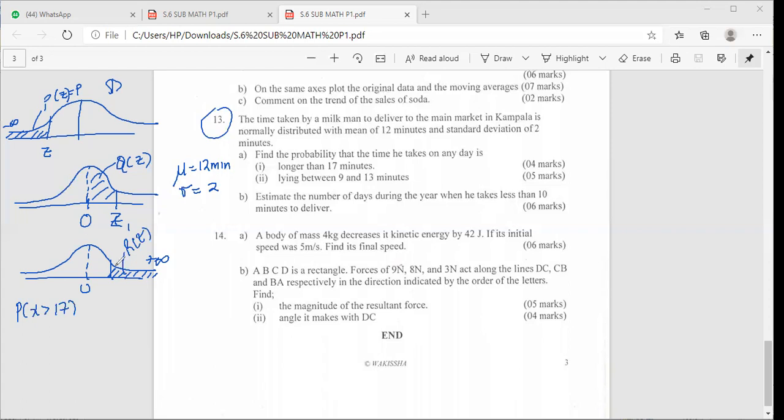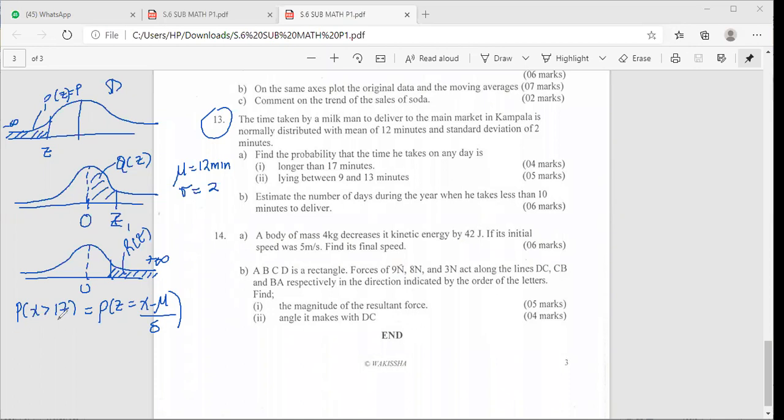Have you heard of standardizing? Yeah? We are supposed to standardize this to Z by saying probability of Z is equal to X minus mu over sigma. This is called standardization, whereby mu is the mean, sigma is the 2, and X is the value you're talking about at that instant.